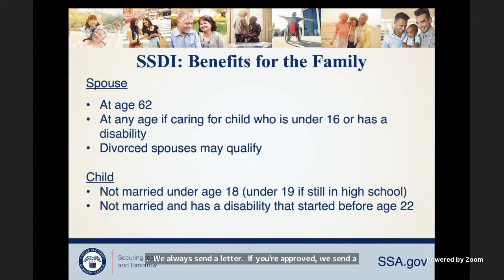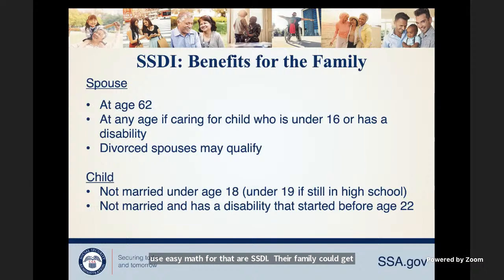So if somebody gets approved for SSDI, possibly their family can get paid off of that benefit. So let's say somebody's going to get $1,000. I use easy math for their SSDI. Well, their family could get up to $500 more a month off of their SSDI record.